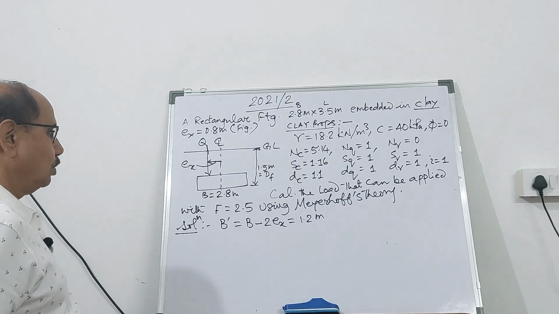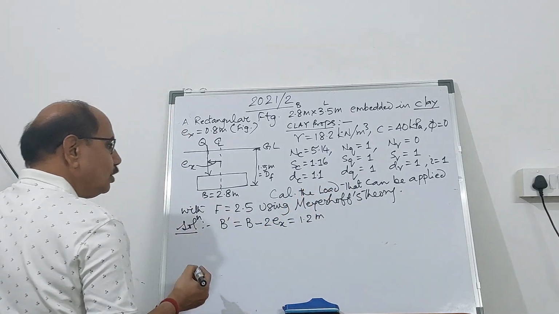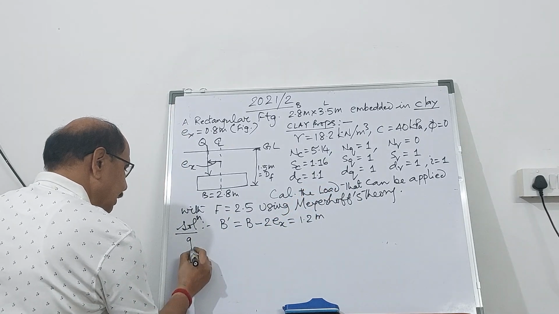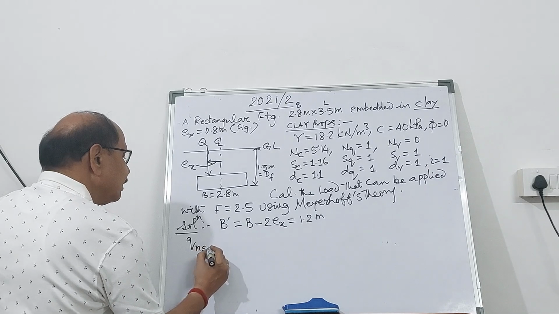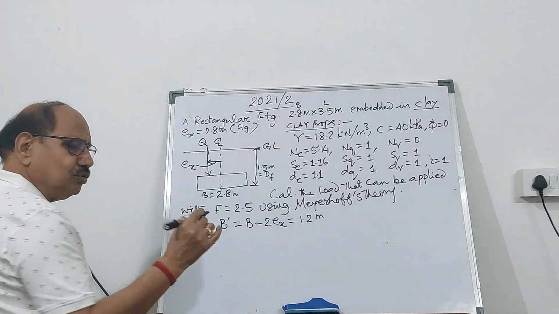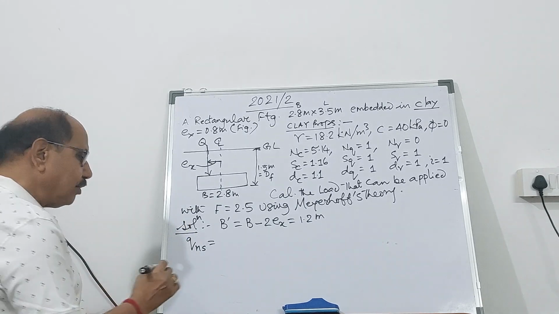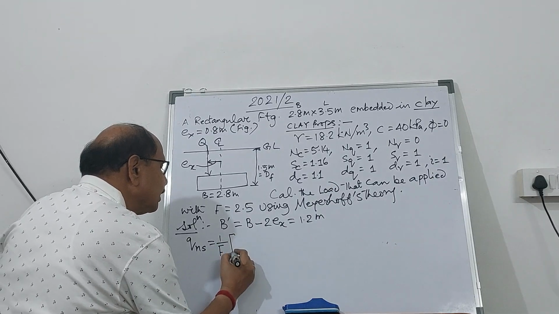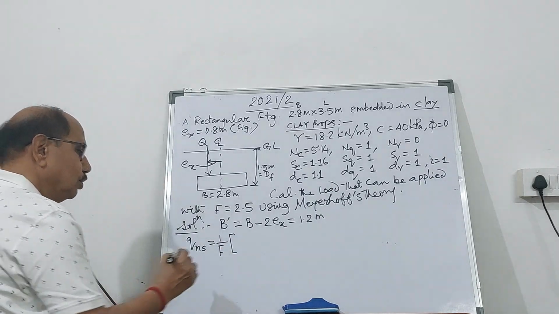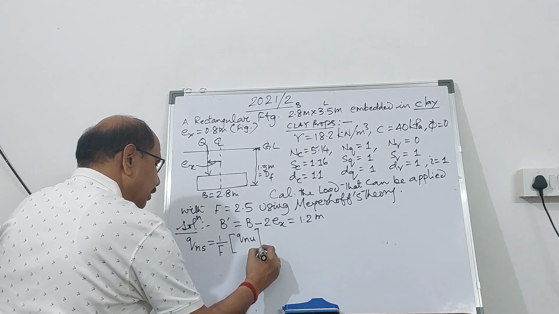Now, in order to calculate the load, let's calculate the net safe bearing capacity. I will tell you the shortest way of calculating it. It will be 1 upon the factor of safety into Q net ultimate.